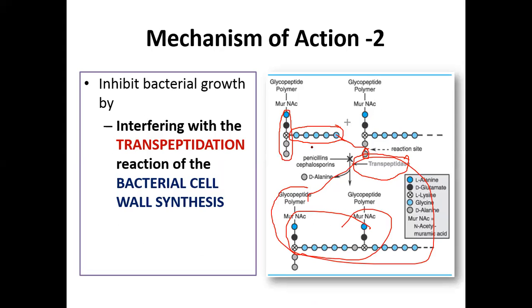None. Okay. So when you have resistance developing because of a change in the structure of the transpeptidase, then the penicillins won't work, monobactams won't work, cephalosporins won't work, carbapenems also won't work.